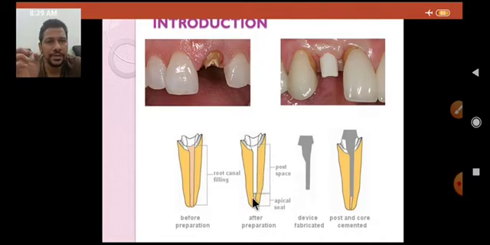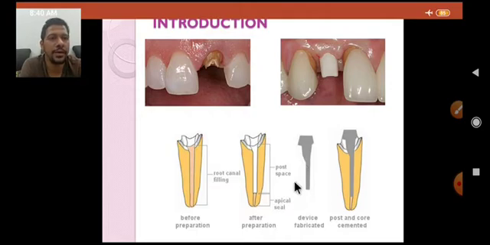After making this post space, you are supposed to make an impression of that particular post space and send it to your lab. Your technician will make a custom made cast post and core.